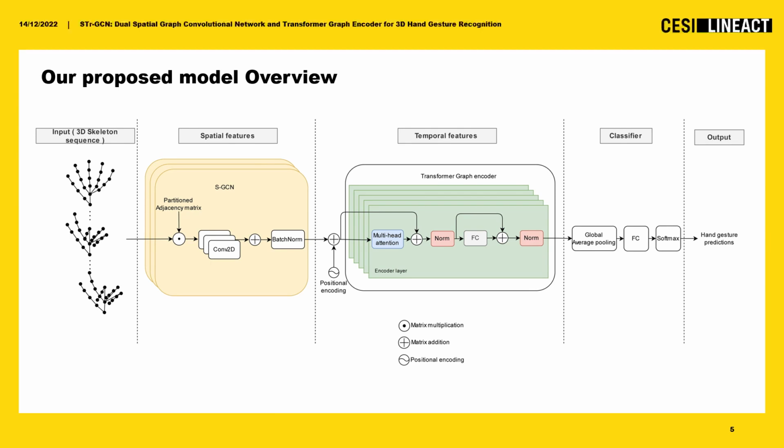First, in a spatial domain, a spatial graph convolution network is used to extract hand features at each frame. And then, in a temporal domain and respecting the graph structure of the spatial features, a transformer graph encoder is proposed to extract inter-frame relevant features. Finally, a global pooling operation is used to aggregate the graph into a representation that can be interpreted by our classifier.